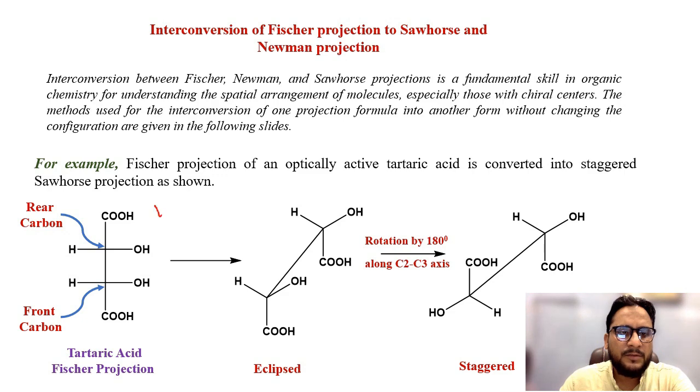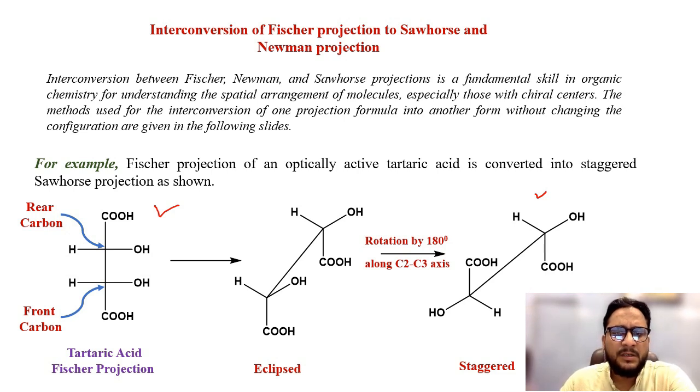Sometimes the structure is given in the form of the Sawhorse formula or Newman's formula, and in that case it is quite difficult for the student to identify directly, while for the Fischer projection it is quite easy. So if you have the knowledge of interconverting the Sawhorse or Newman projection formula back to the Fischer formula, then you can easily solve those questions.